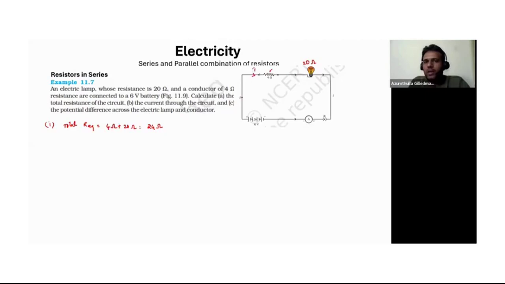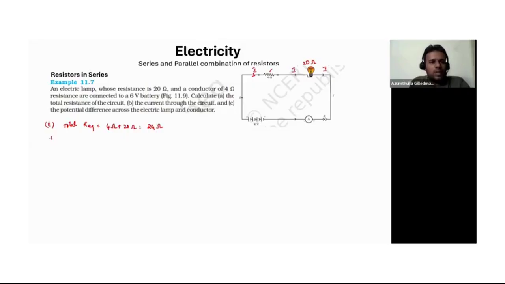Here also I will come. After it passes, here also it is I. So to the bulb also, current I is going. So that means when the current is the same across two resistors, then those two resistors are connected in series. Okay. Now, the total resistance is the sum of those two resistors, that is 4 ohms plus 20 ohms, which is 24 ohms. Now, what is the other one? That is A.